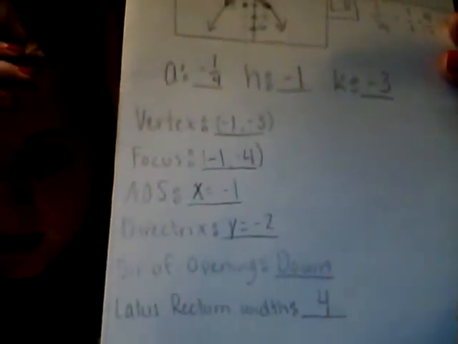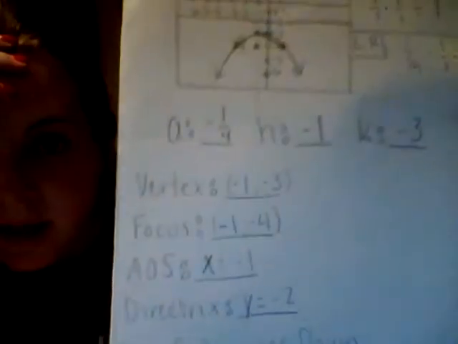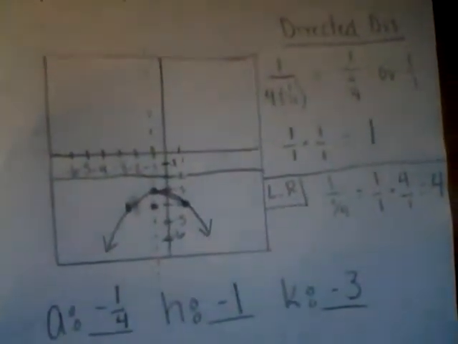And then to get your latus rectum length, we'll go back up over here. That's the absolute value of 1 over a. So you do 1 over 1/4, and in order to divide fractions, you flip and multiply. So 1 over 1 times 4 over 1 is going to give you 4. That's where we get the length of 4.